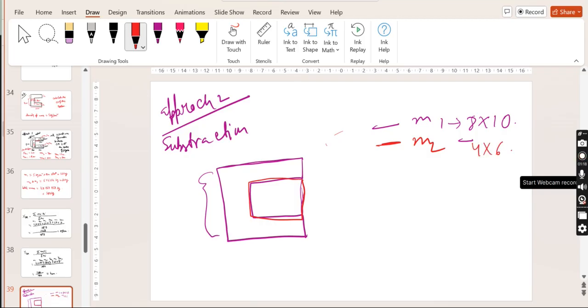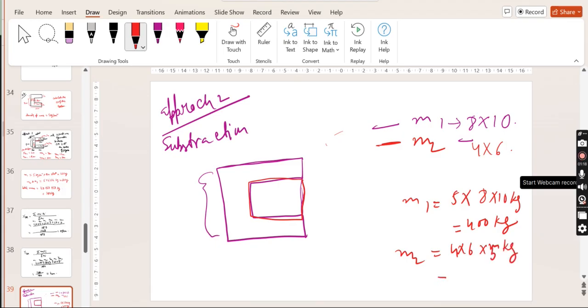Okay. M1 is 5 into 8 into 10 kilo, that is 400 kilo, and M2 is 5 into 4 into 6 kilo, that is 120. So the center of mass of M1 would be at the middle point, that is 4, 5.